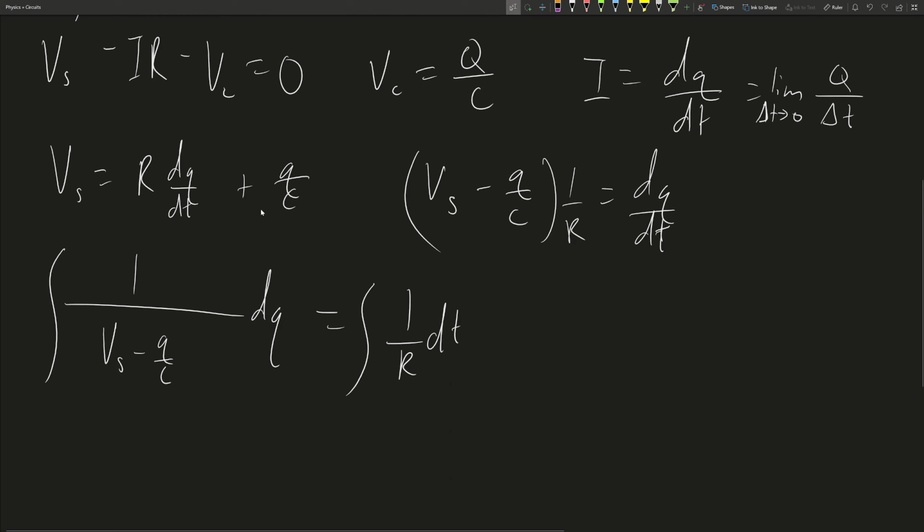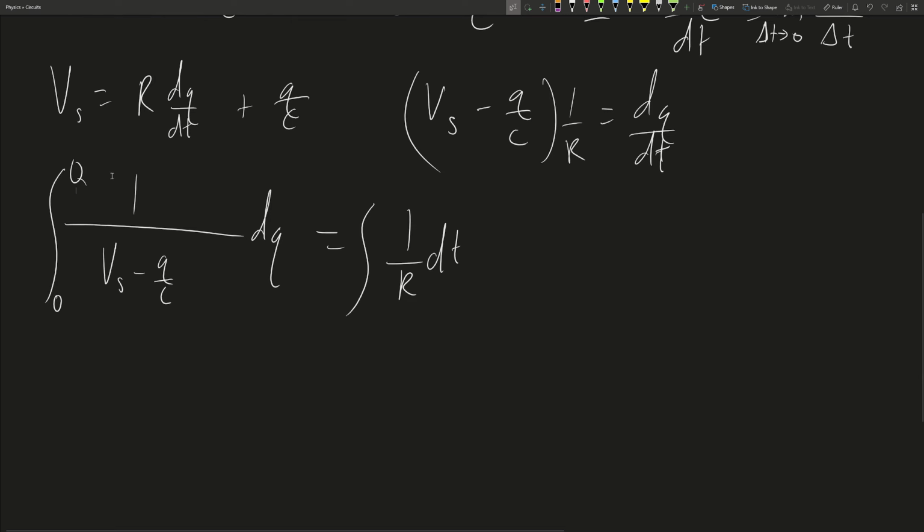And now we integrate this, so from Q, we start with 0 charge on the capacitor. We want to get to Q, which is the charge of a fully charged capacitor, or really, Q is just the charge on the capacitor. When it's fully charged, well, we can see that when we work out the solution to this differential equation.